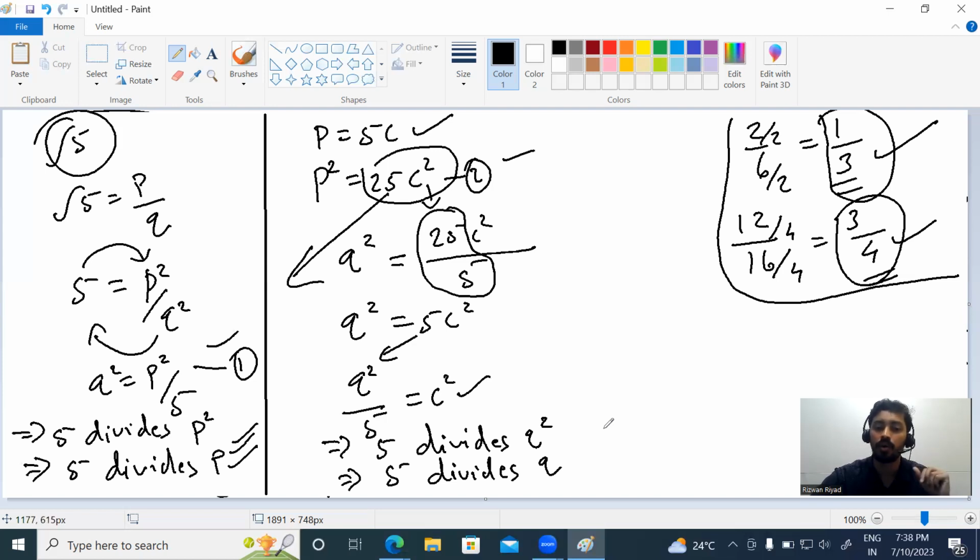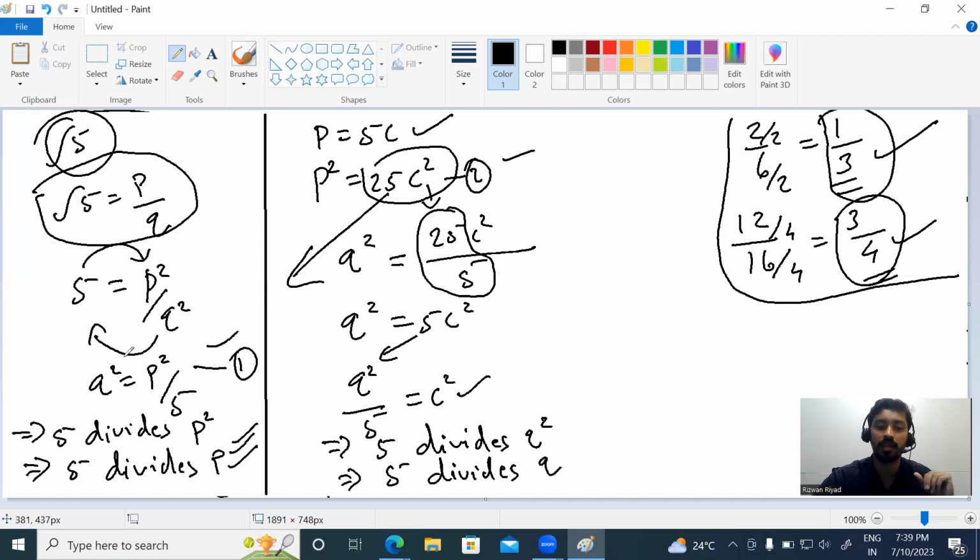Here we have reached a contradiction. Which contradiction? According to our assumption, root 5 equal to p by q, and p and q do not have any common factor. That is a part of our assumption, the property of rational numbers. Our assumption was root 5 is a rational number, so there is no common factor between p and q.